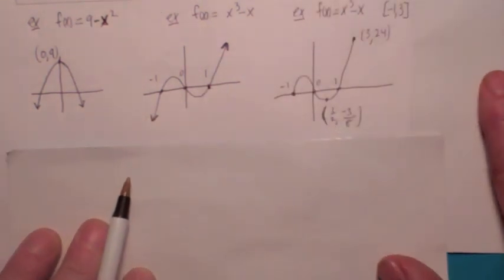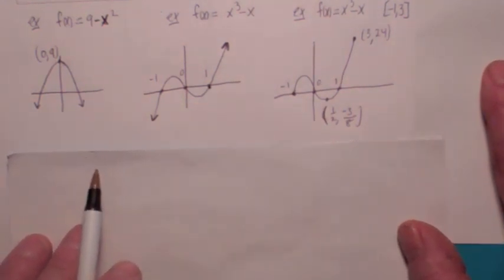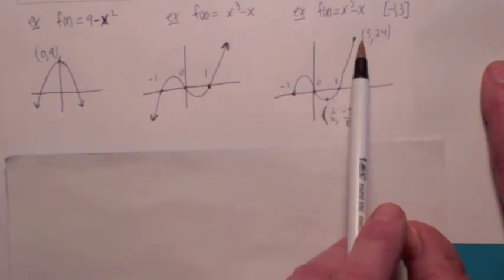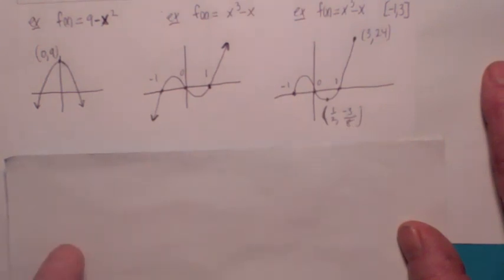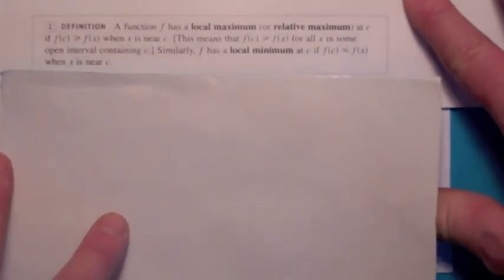But look what happens if we restrict the domain. If we just look at x from -1 to 3, do you see the whole picture changes? Now the absolute maximum for this function on this domain is 24, and the absolute minimum becomes -3/8. So don't get the absolute max or min confused with the local max or min.